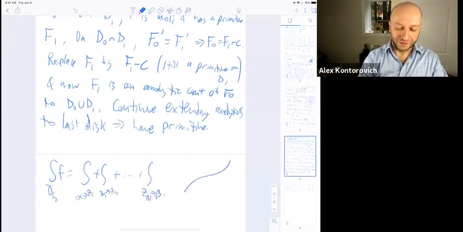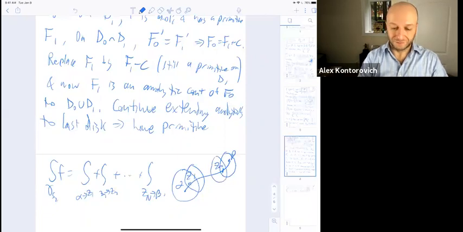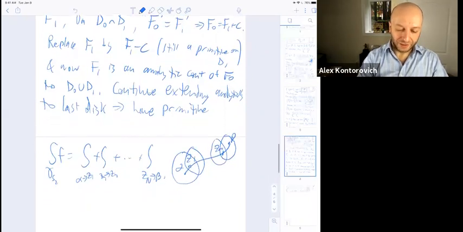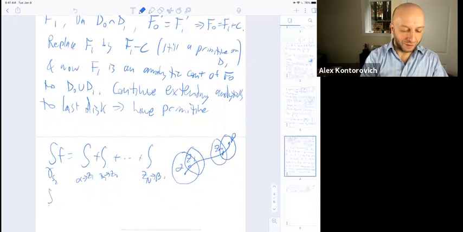Okay, I'll draw another version of the same picture. Here's alpha, here's beta, here's Z1, which is inside D0 and D1, and so on up until Zn, which is inside Dn and Dn plus 1. And the same thing is true for S2, sorry, this is S1 and S2.